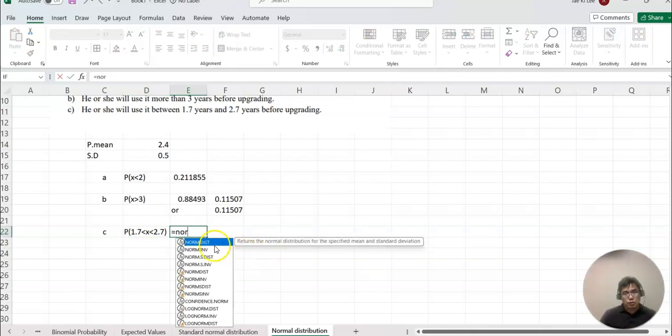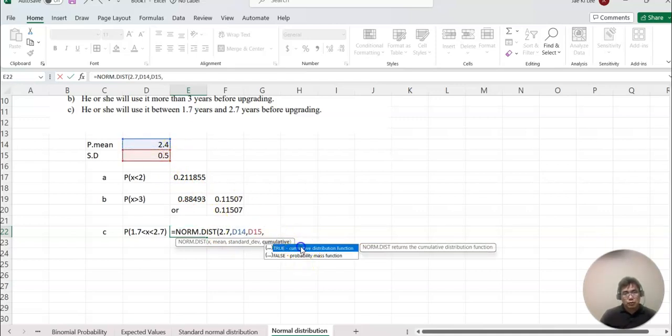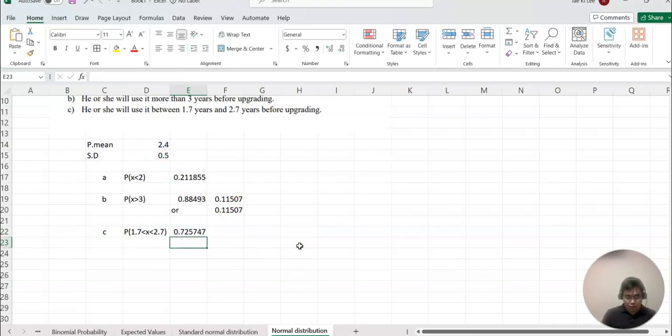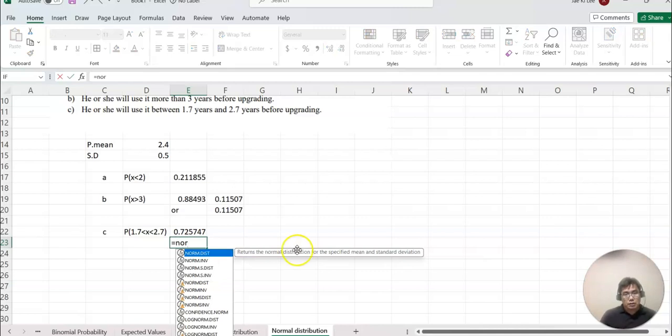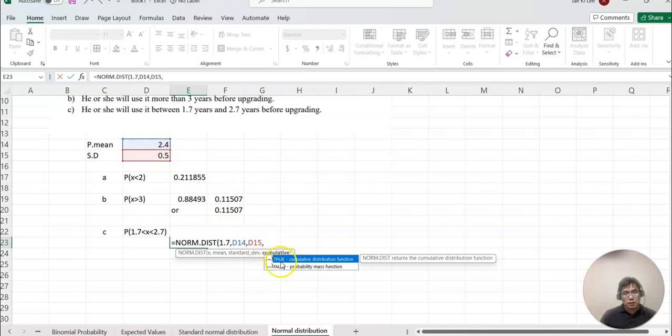Normal distribution, then 2.7 comma mean comma standard deviation comma cumulative true, enter. And the smaller one, equal to normal distribution, then 1.7 comma mean comma standard deviation comma cumulative true.